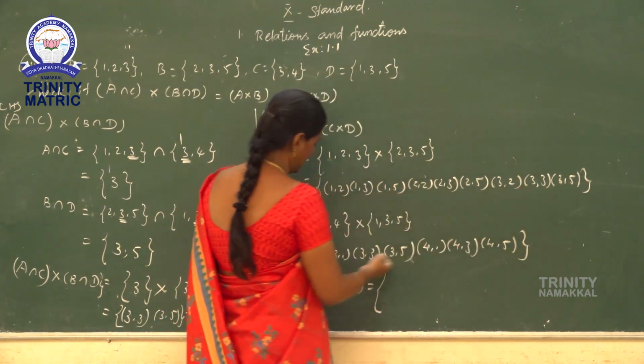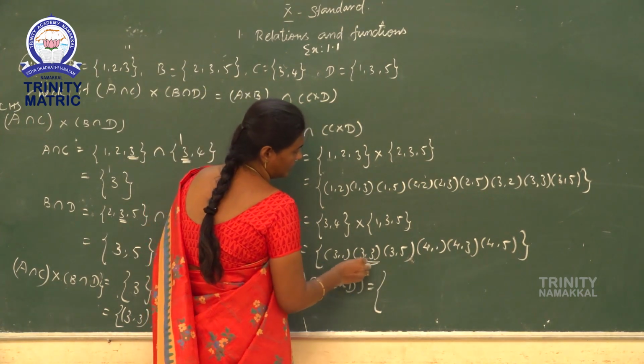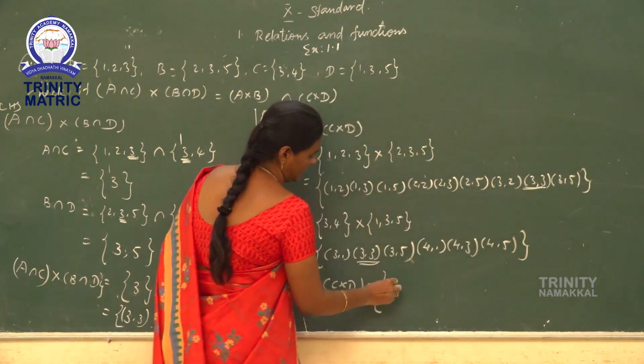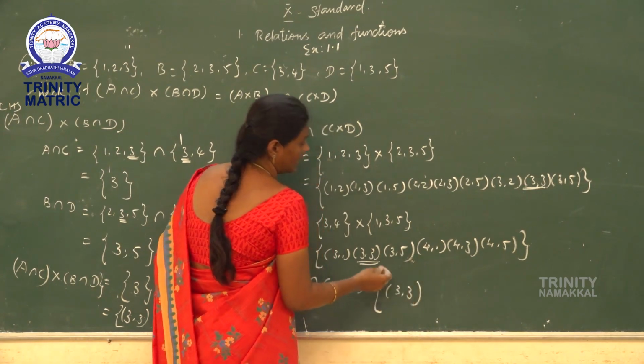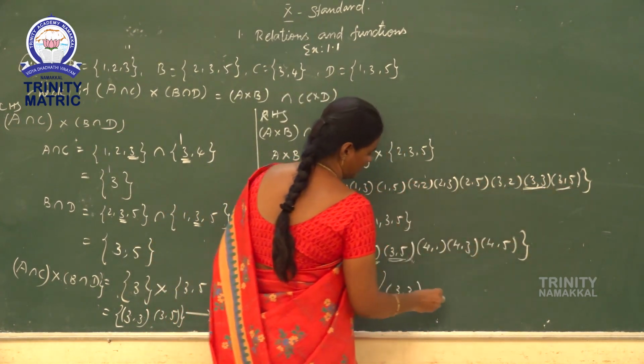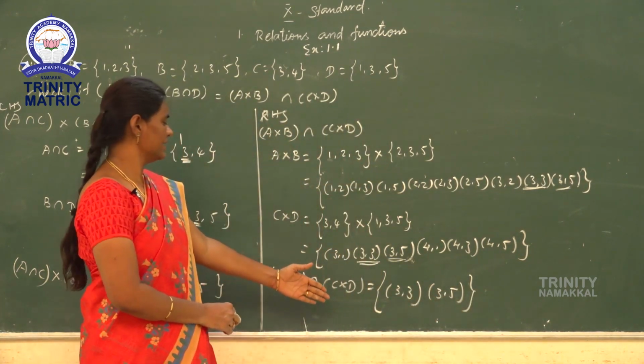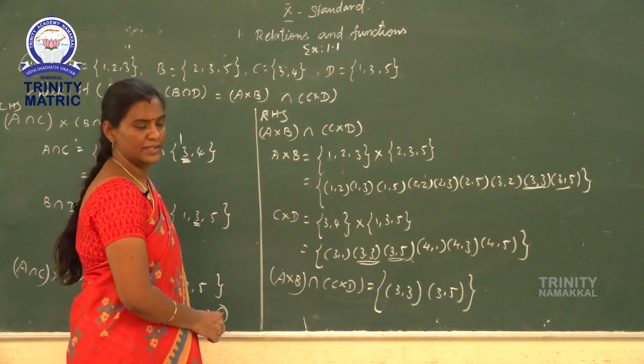Here we have (3, 3). In this set C cross D also we have (3, 3). So this is the common element (3, 3). Then we take (3, 5). Here also we have (3, 5). So these two elements are common in both sets.